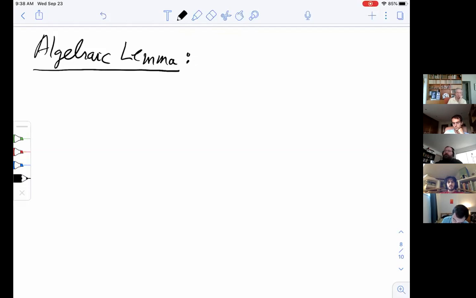All right, so the algebraic lemma is, suppose I have two finite rank lattices, L and L prime, and I have an isomorphism, a linear isomorphism phi between them.